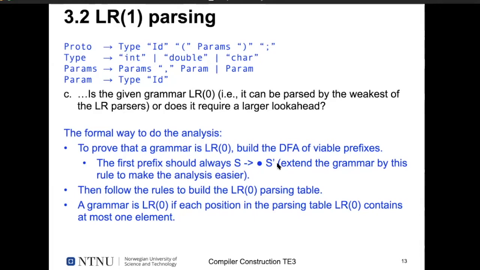So we extend the grammar by this rule to make the analysis easier. And then you need to follow the rules to build the LR0 parsing table. And then you can look at your DFA that you've built, or your parsing table, and the grammar is LR0 if each position in this parsing table contains at most one element, because then you don't need additional information to decide which of these elements to take, because you have at most one. So it's obvious there is no ambiguity which has to be resolved by reading an additional symbol from the input.